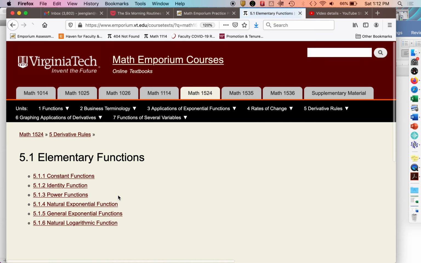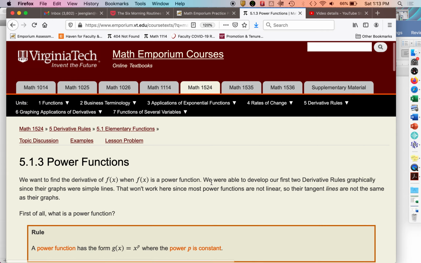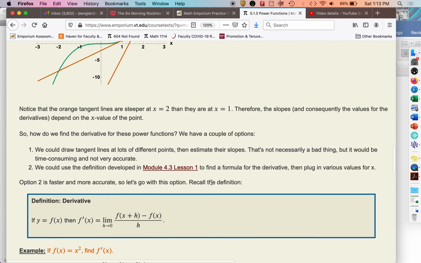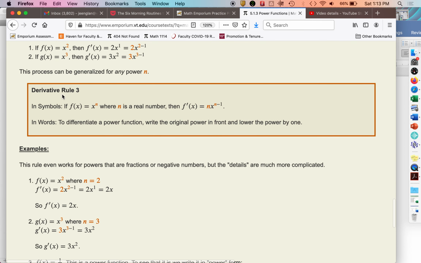So when you have x to a power, like x to the 5 or x to the p, where the power is a constant, then we want to do the power rule. And the power rule was down here in derivative rule 3. If f of x is x to the n, where n is a real number, then f prime of x is nx to the n minus 1.